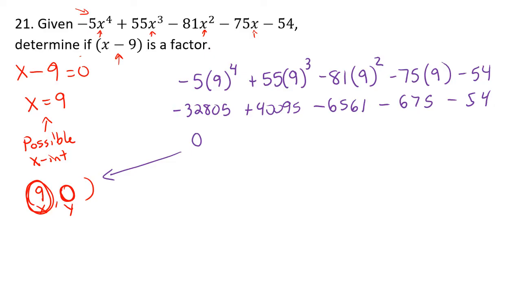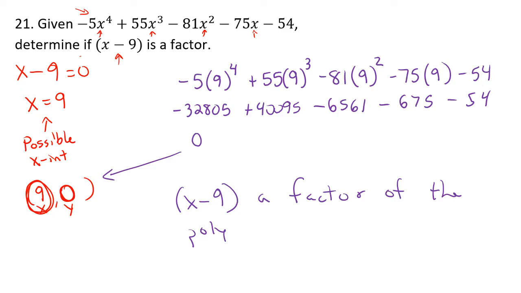And since it is an x-intercept, that makes x minus 9 a factor of the polynomial. If you got a number that wasn't 0, then you would say, no, it's not a factor of the polynomial.